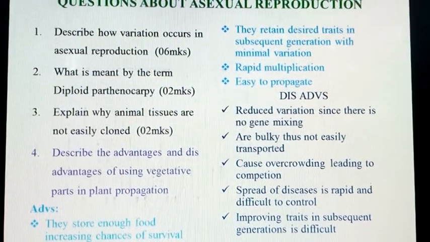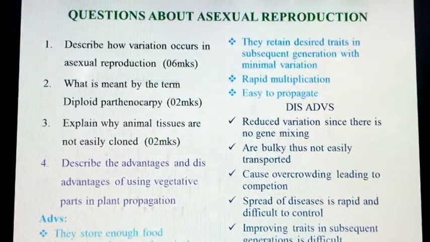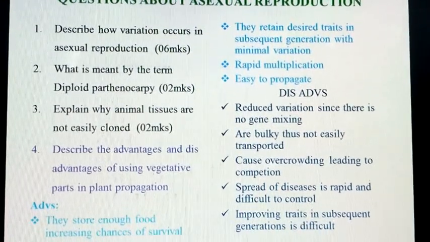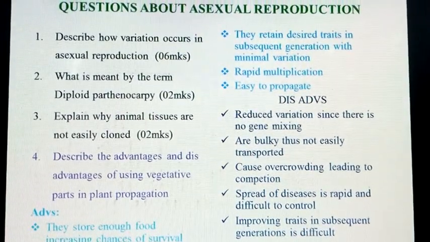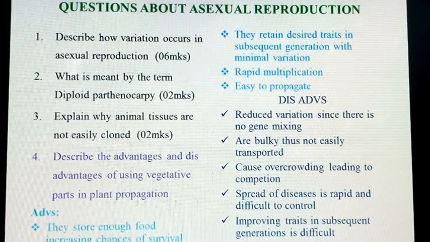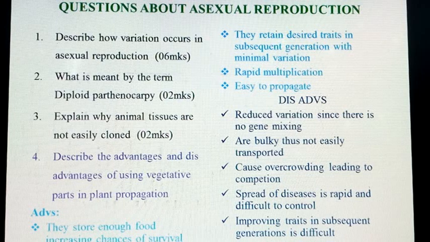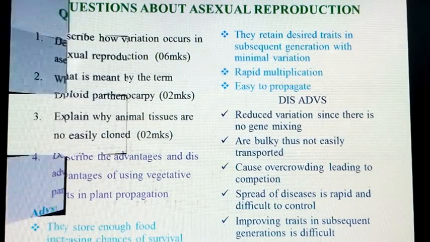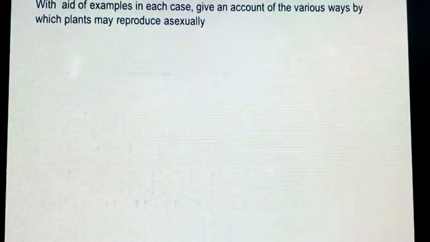That is the major problem in this kind of reproduction, causing overcrowding due to competition. These vegetative organs are very bulky. They are hard to transport from one place to another, and the spread of diseases is very, very hard to control or to regulate.